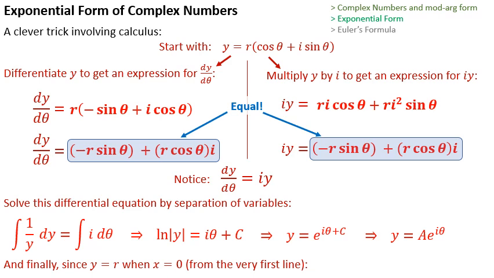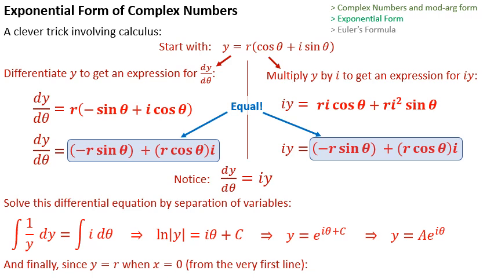We can go a little bit further and we substitute in our initial conditions. What this means is we've got some information because we know what y is from the top line. y equals r times cos theta plus i sine theta. So if I want to find the value of any constants at the end, I can just go back and substitute some numbers in.